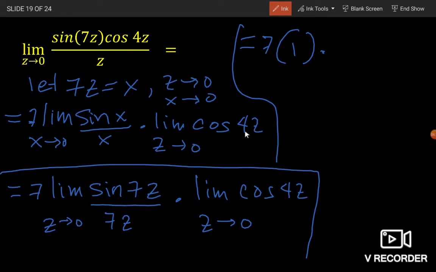If z is substituted by 0, 4 times 0 is 0, so cosine of 0 is equal to 1. So 7 times 1 times 1 will give you 7. So our final answer will be 7.